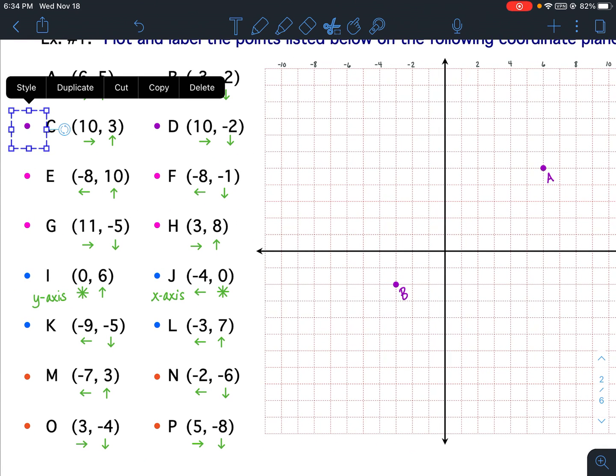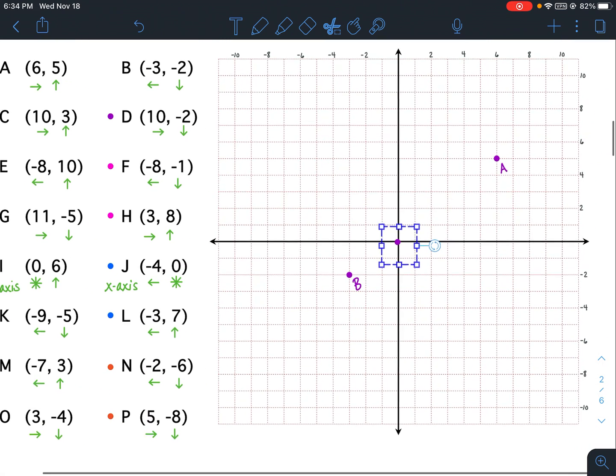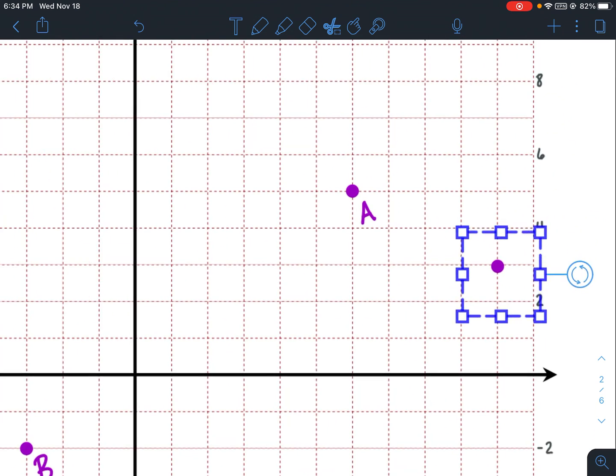For C, I'm going to go over 10 spaces and then up 3. So over 10, up 3.